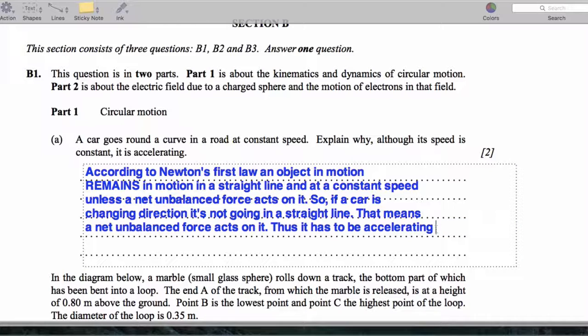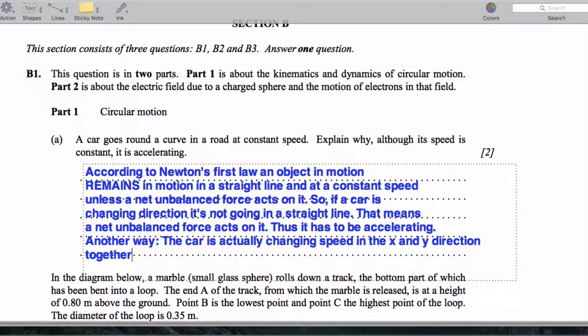Okay, that's one way of looking at it. Here's another way. The car is actually changing speed in the x and y direction together.